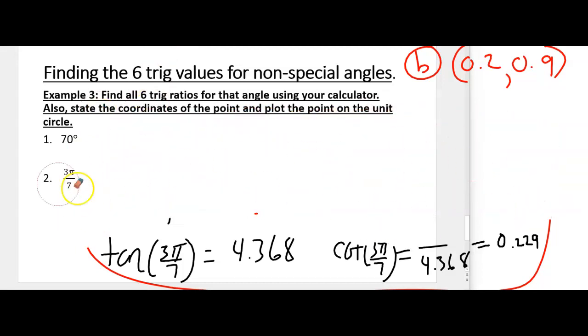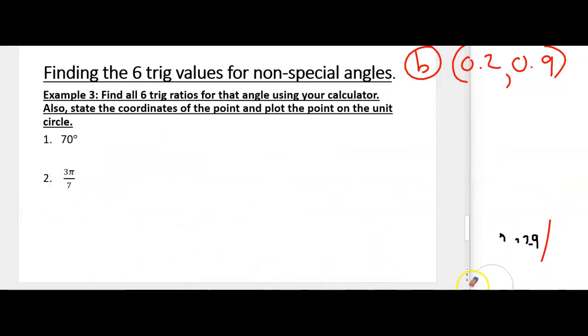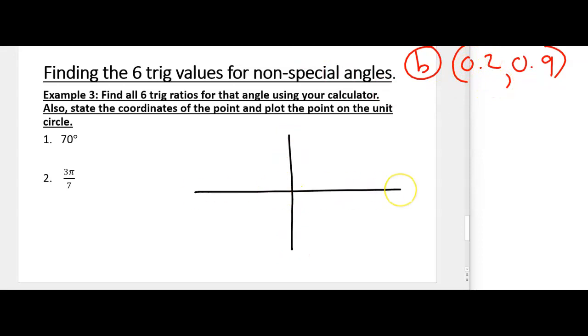And then finally, we can also go ahead and plot that point. Now, there's a couple ways you could do that. Radians are a little bit tougher. We know where degrees are located pretty well, but one thing you could do is you can convert this to degrees by multiplying it by 180 over pi, and that'll give you an idea of where it's located. Or you could just use the coordinates the way that they're given. On the unit circle, this is 1, and up here is 1 as well.